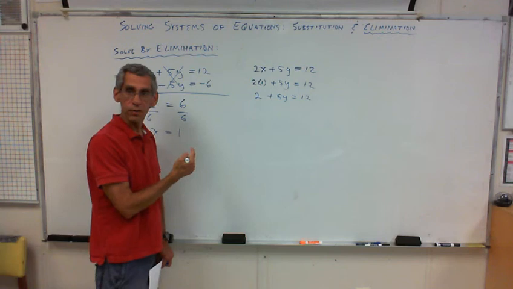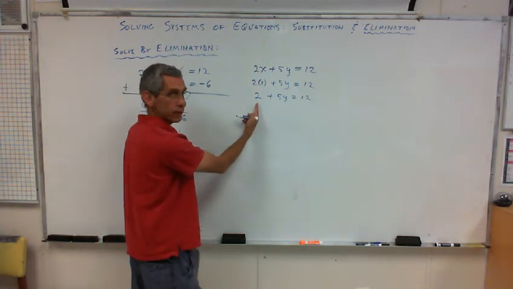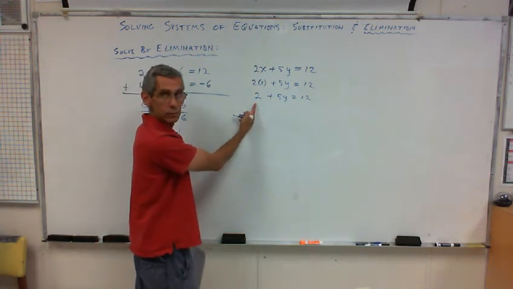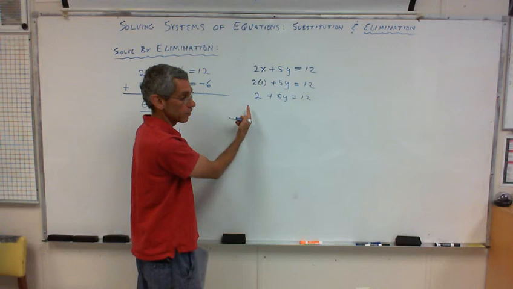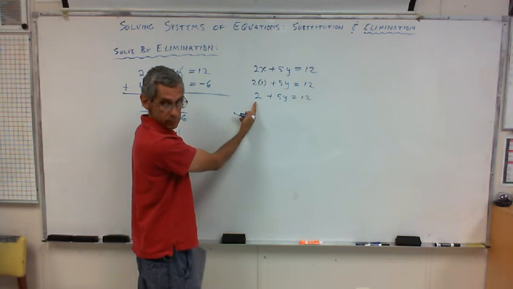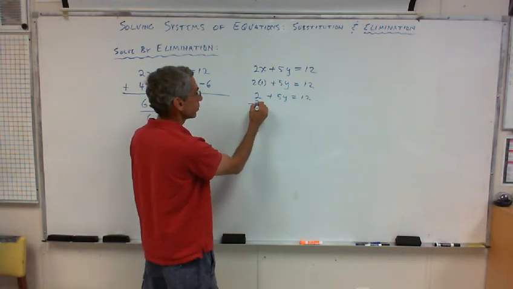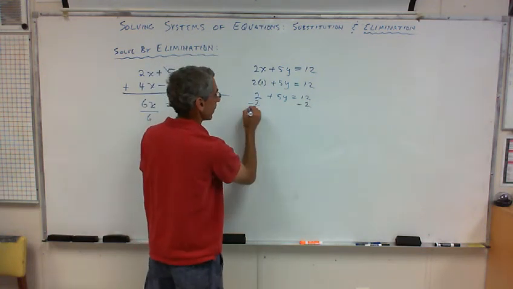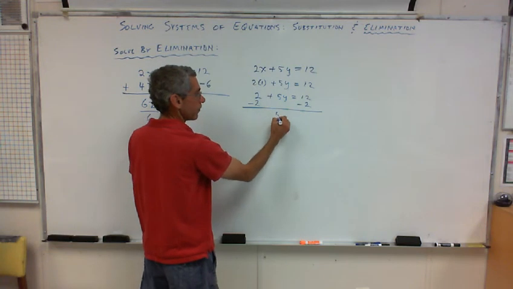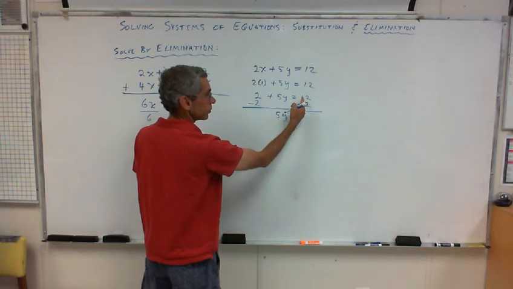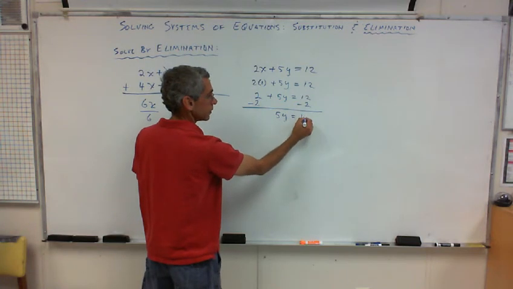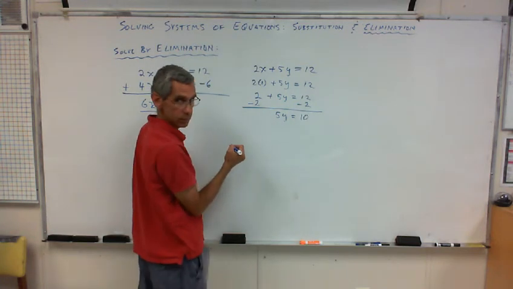I want y to be all by itself. The 2's in the way, so subtract 2 from that side and subtract 2 from that side. So now I have 5y is equal to 12 minus 2, which is 10.